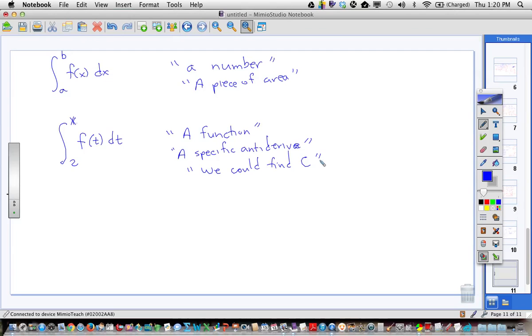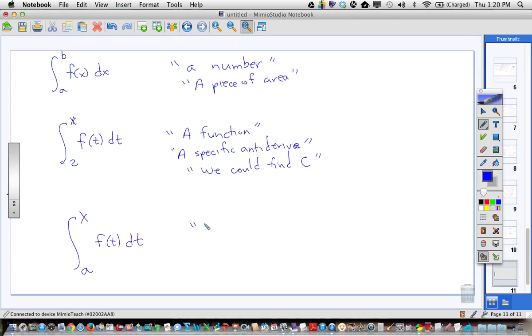All right, now, here's where I want to move to. What if we didn't know either one of those 2 there? What if we said this could be any left edge? And right x could be any right edge? And let me put the little f of t dt. What would be the difference in this one compared to the middle one? We wouldn't know c.